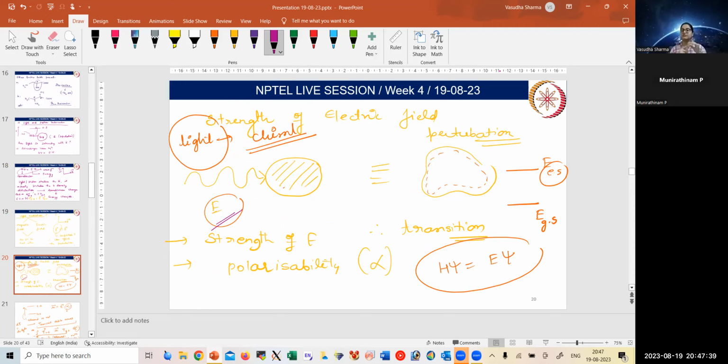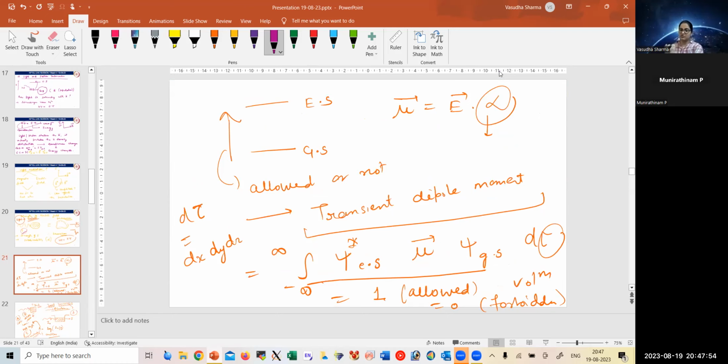So it will cause polarizability, as it is getting polarized because the electric field is coming with a certain charge. That affects your electron density and causes the polarizability. After that, whether the transition is allowed or not, we understood from the transition dipole moment integral. If this value is 1, then it is allowed. If it is not, that is 0.